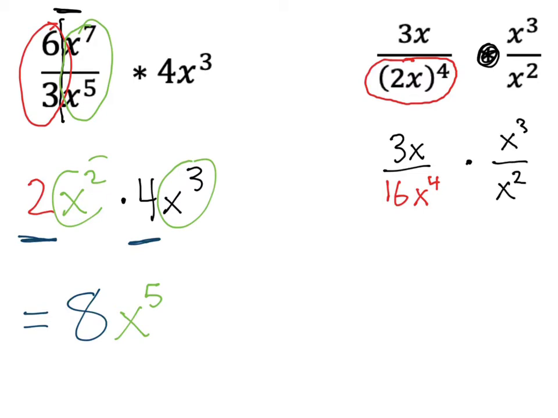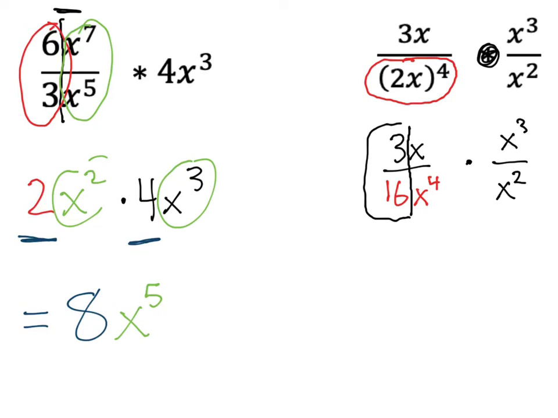And now, before we multiply these, let's simplify each fraction separately. First, looking at the coefficients in this fraction, the 3 over 16. If there was some common factor we could divide both of those by, we could reduce this.